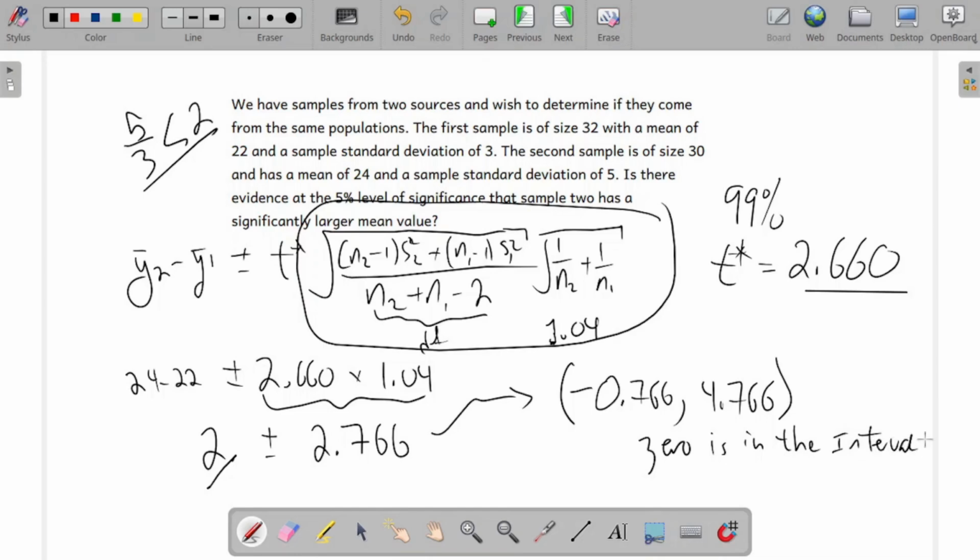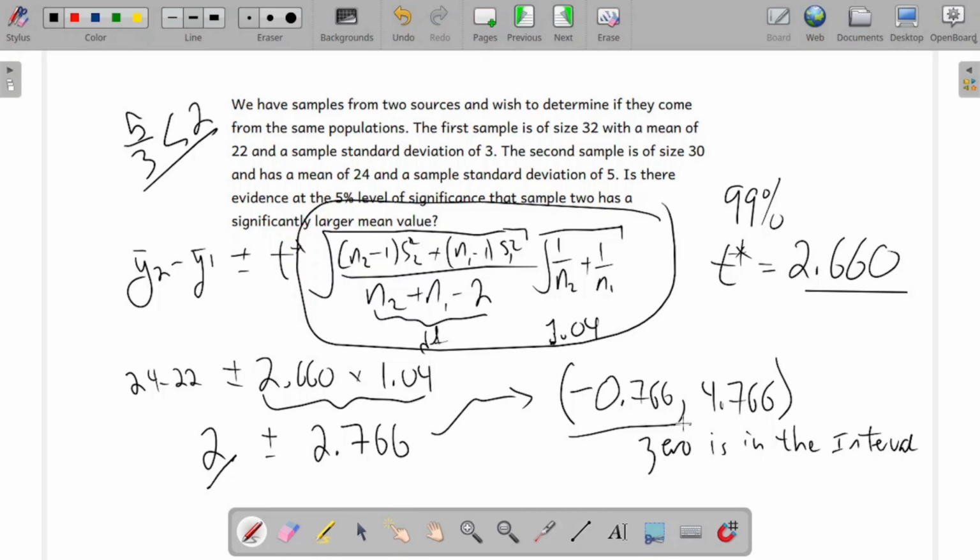The other thing we can say about this, if we wanted to talk about it specifically in context of confidence intervals, we can say that with 99% confidence, we believe the true value of the difference between the two means lies between negative 0.766 and positive 4.766.